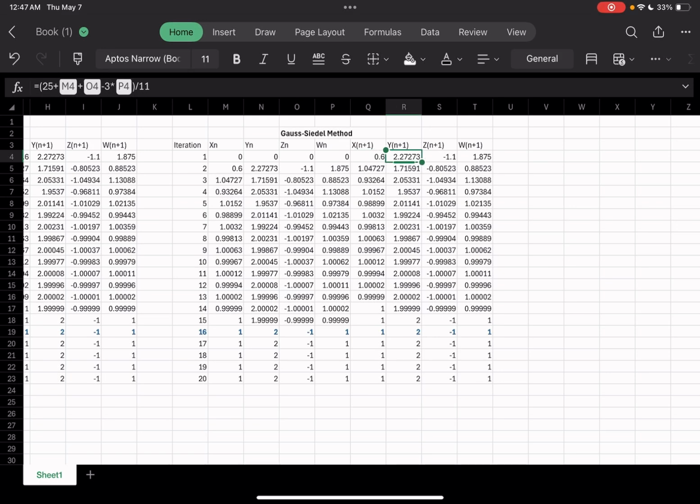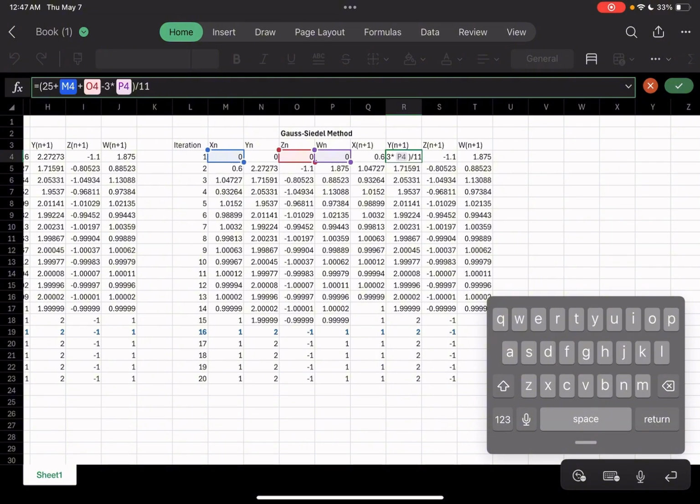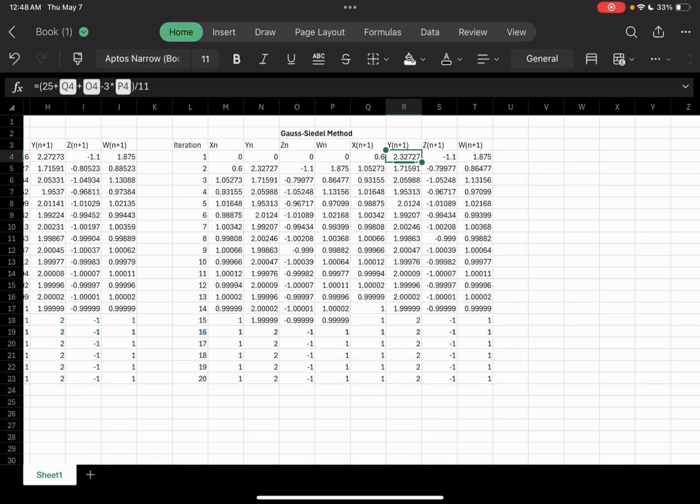So let us change that for Gauss-Seidel's model. So, instead of M4, it would be this one. And then next, for our z sub n plus 1, just like our y sub n plus 1, the value of our x and y would proceed from the recently computed values. So instead of 0 and 0 for x and y, it would be the recently computed, which is 0.6 and 2.32727.